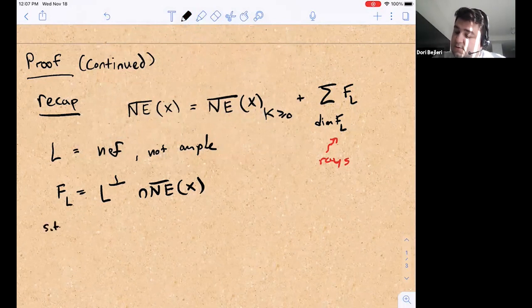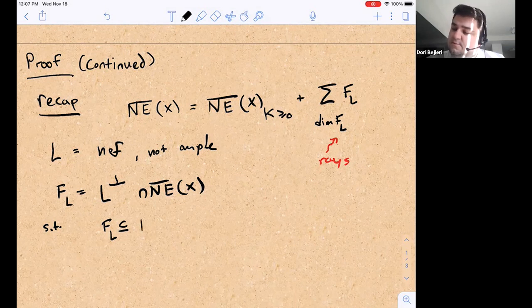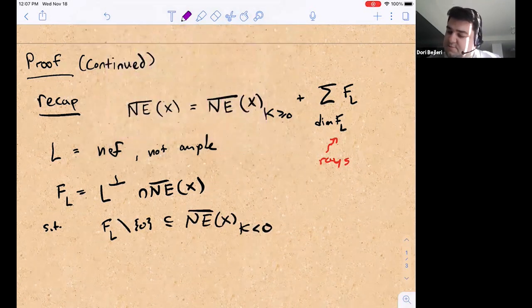So maybe I'll say it this way: F_L without 0 is contained strictly inside of the K less than 0 part, where for simplicity we just let K be K_X plus delta.